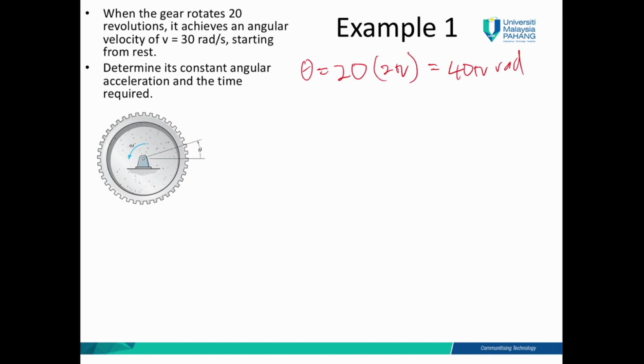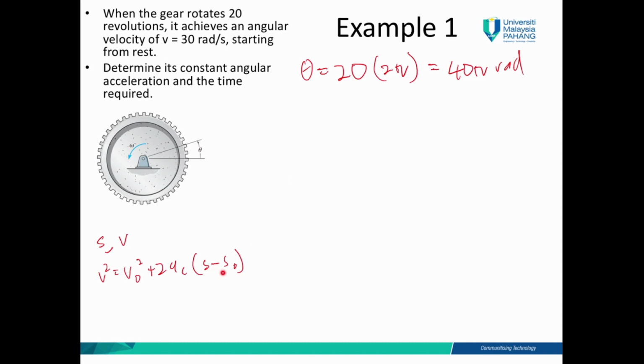If this is a linear movement, what do you use? If you have the displacement and then you have your velocity, what is the equation that you should use to find the acceleration? Okay, for that, if this is a linear movement, you will use v² equals v0² + 2as, right?